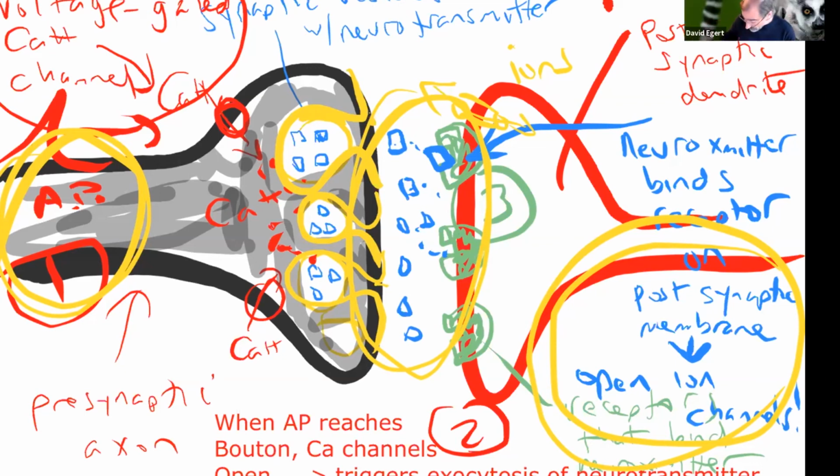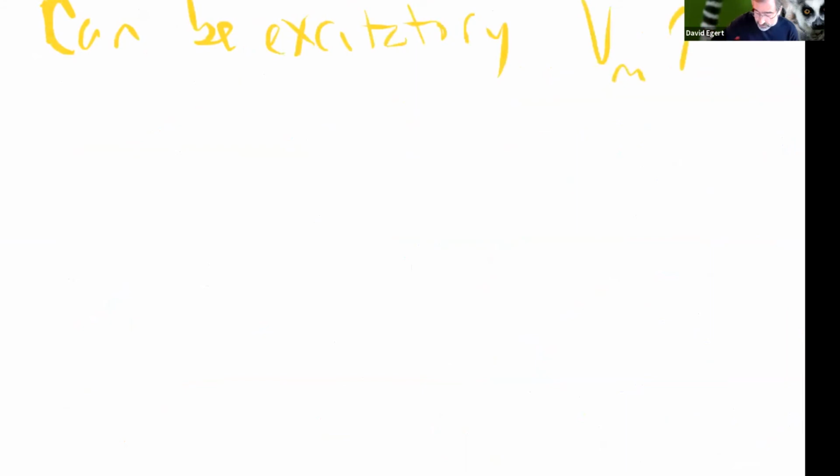So it can be excitatory, VM goes up, or inhibitory, VM goes down. It depends on what kind of ion channels you're opening. If you opened a sodium channel, the voltage is going to go higher, become more positive.